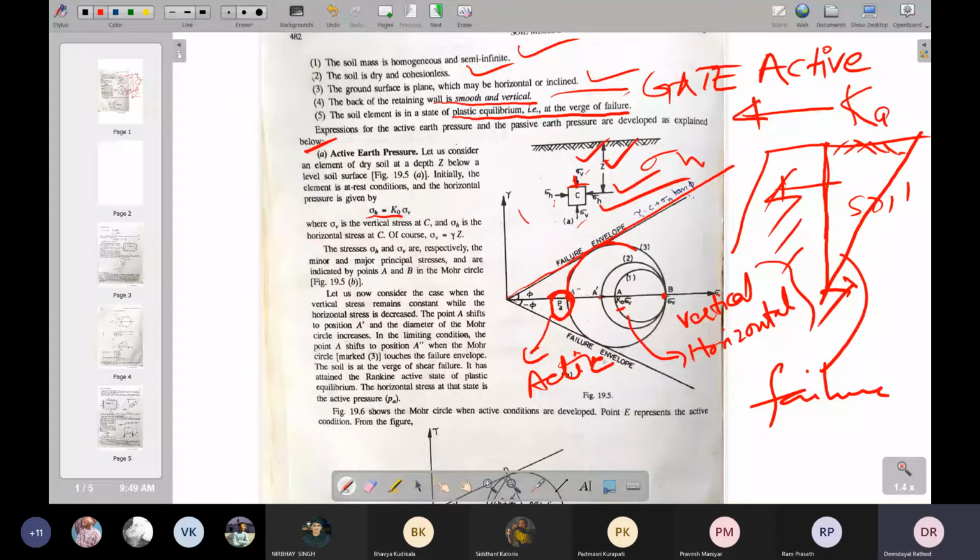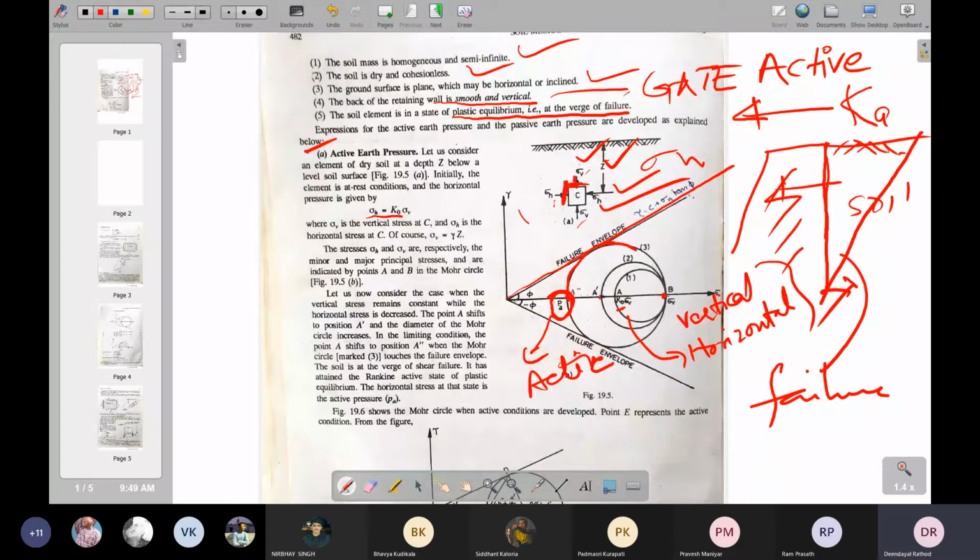At rest condition, we also know it is gamma into h multiplied by K naught. Now we are asked to find the active earth pressure when the wall is moving away from the soil. As the wall moves away, the Mohr circle keeps reducing in the horizontal direction. Here, this is the major principal stress and major principal plane.